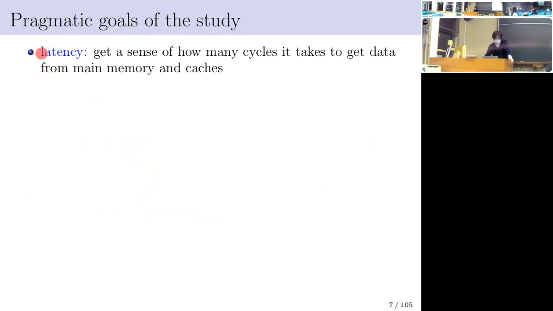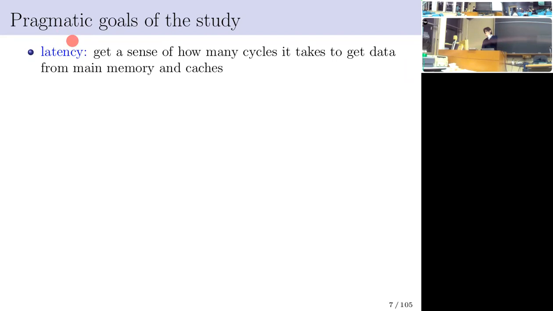The pragmatic goals of this study include, first of all, latency: getting a good sense of how many cycles it takes to get data from main memory and caches. If the data is on this level of cache, then the access latency is something like this.